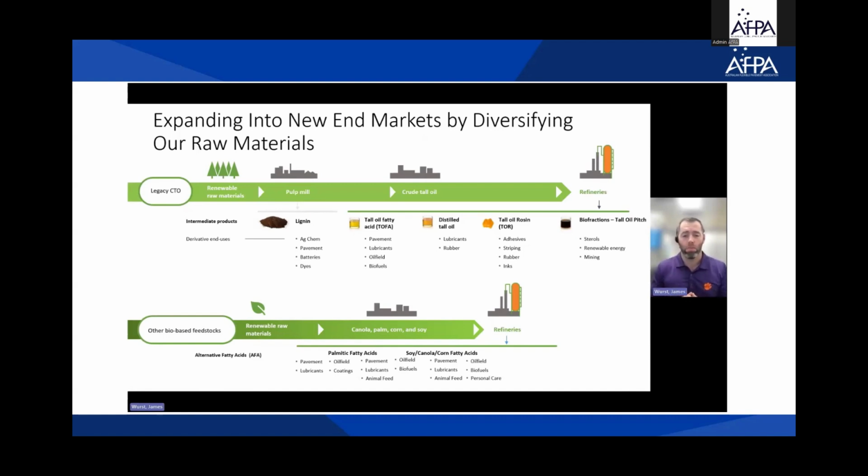So it makes us really well positioned in the space to be able to offer different molecules that are most efficient at decreasing the impact of aging of the aged asphalt or the RAP binder in these asphalt mixtures.